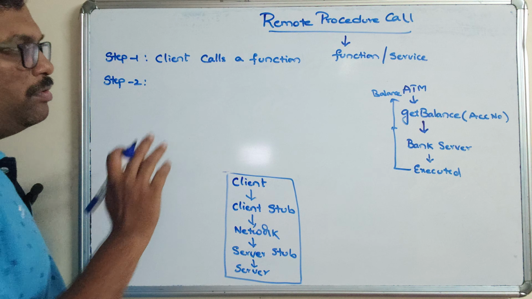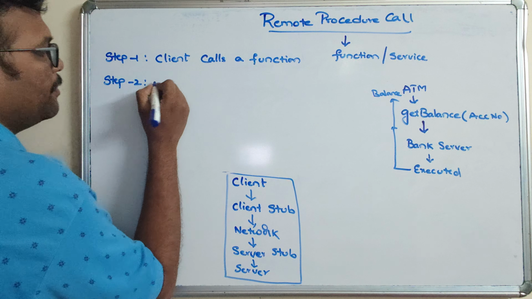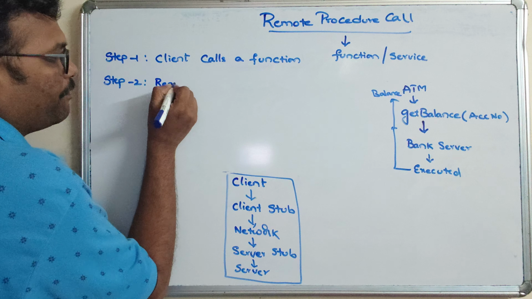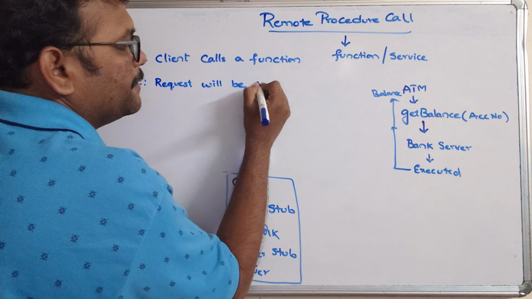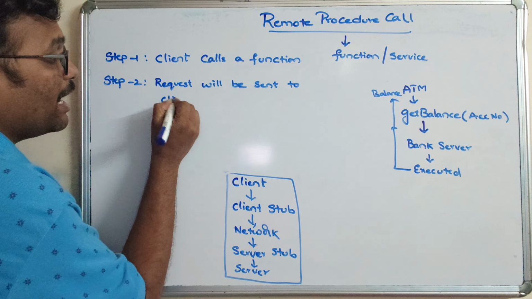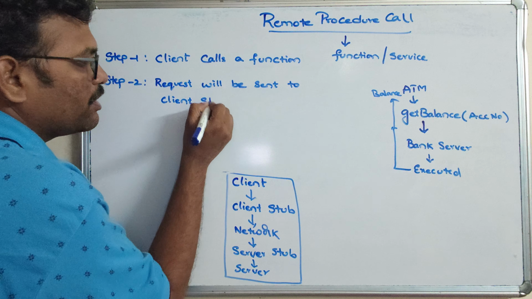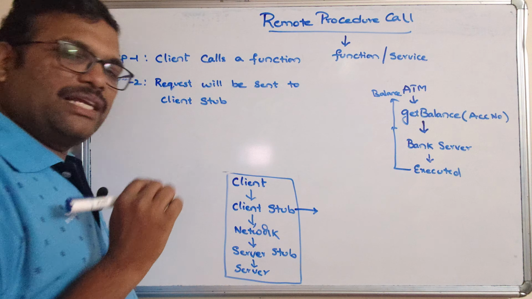So what is the step 2? So the request will be sent to the client stub. So here another term called client stub. So what is the client stub?